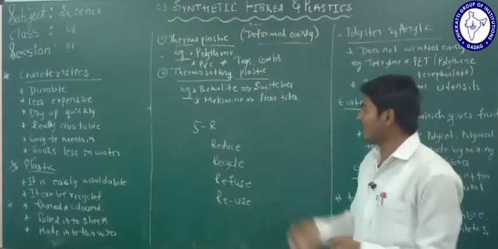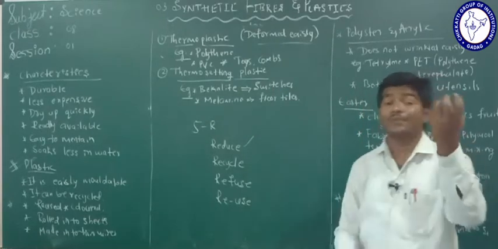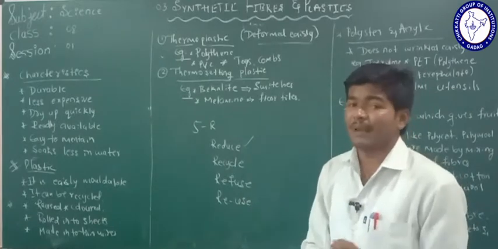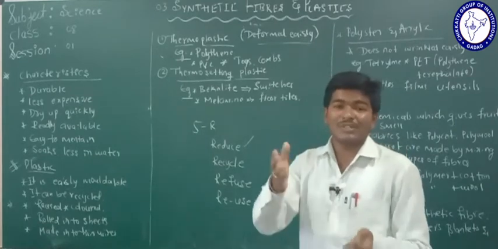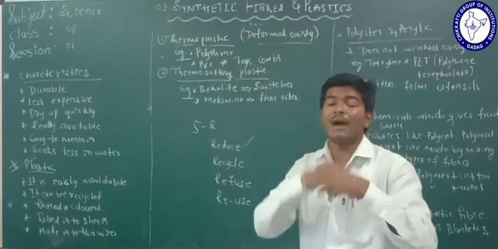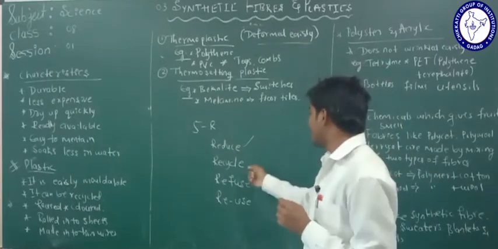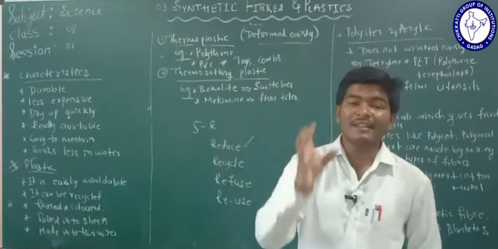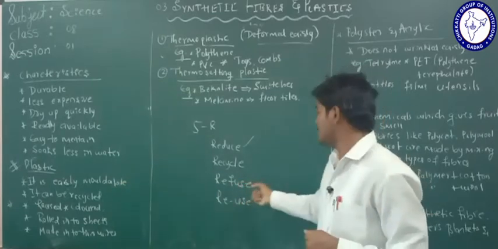By reducing, if you are using a large number of plastic items, you have to reduce the use of plastic items. Recycle: if the use of a plastic item is completed or it is not wanted, then you have to recycle it, converting it into another material. Refuse: whenever the need is there, at that time you use plastic; if there is no need, you have to refuse to use plastic.